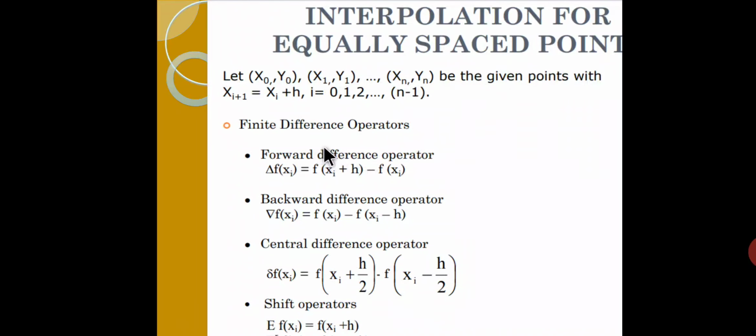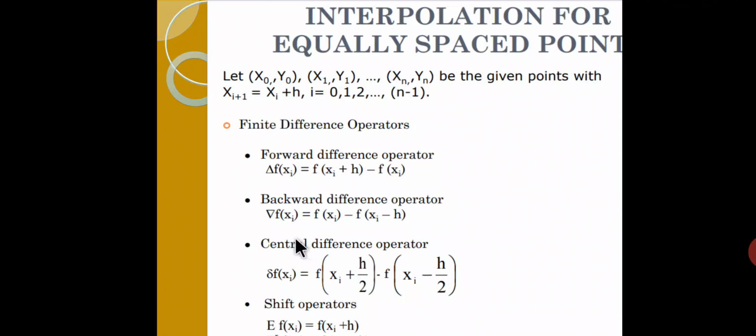So first of all, interpolation for equally spaced points. Let x0, y0; x1, y1 and so on xn, yn be the given points with x(i+1) equal to xi plus h, i equal to 0, 1, 2 and so on n minus 1. So the basic concepts of difference operators. Forward difference operator: delta f of xi is equal to f of xi plus h minus f of xi.